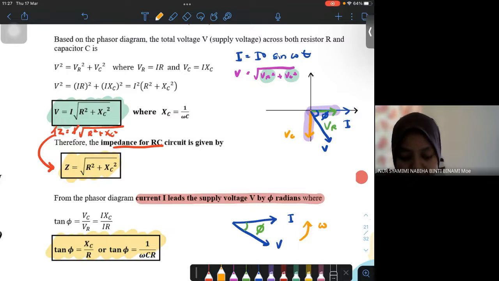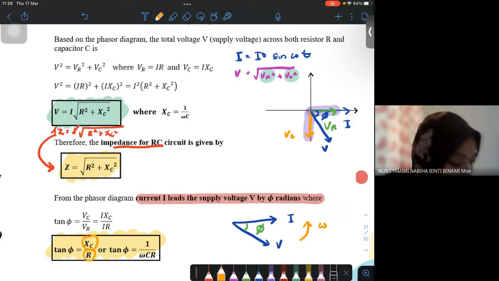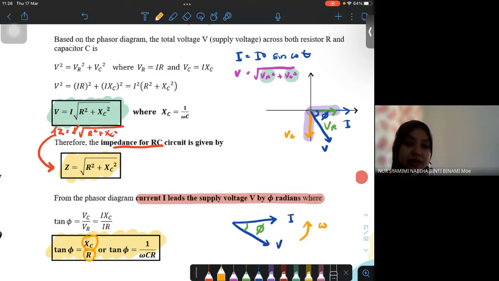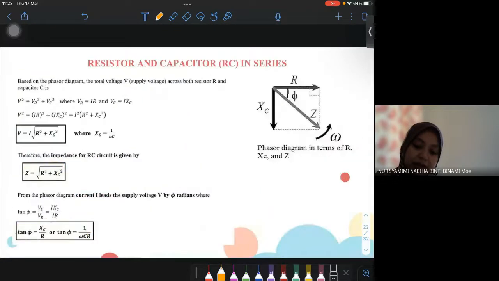Opposite-nya ialah XC, adjacent-nya ialah R. Ada soalan tak? Saya pergi laju sahaja. So this juga boleh jadi VC atau VR. Okay, should be no problem.